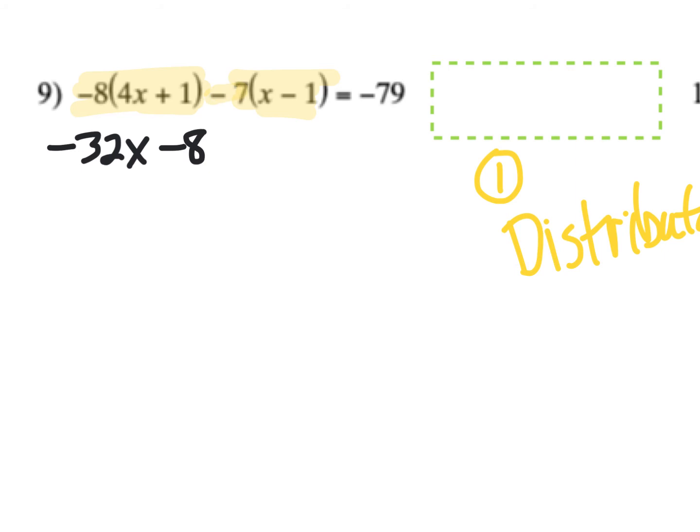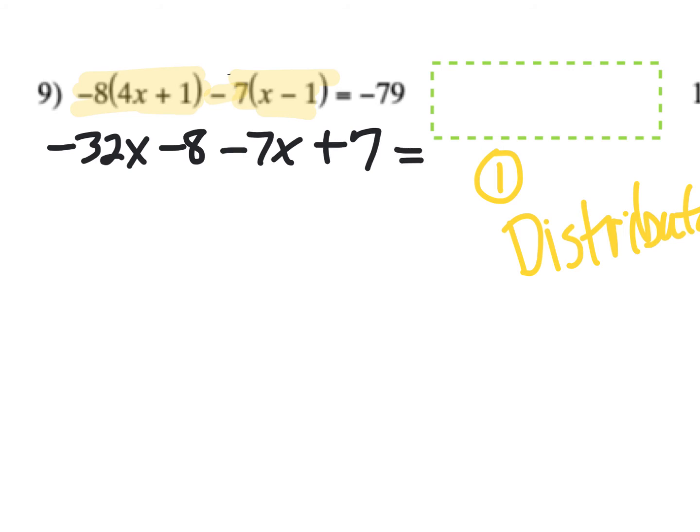Then I have a -7. Remember that minus on the outside of that 7 does make it a negative. So -7 times +x is -7x. And then -7 times -1 gives me +7. So I just did distributive property to get everything out of those parentheses.